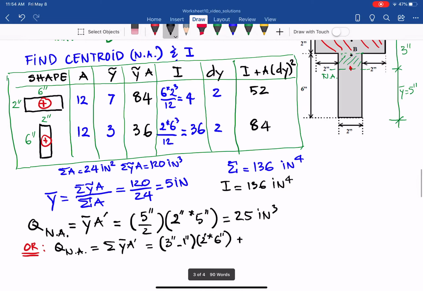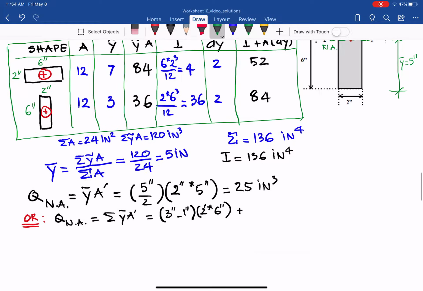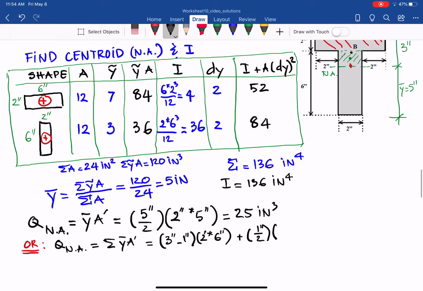From the red to the green dot, it will be only half, so 1/2 inch times the area, 2 times 1. With that, you also find this is 25 inches cubed, and it should be the same answer as you can see there.